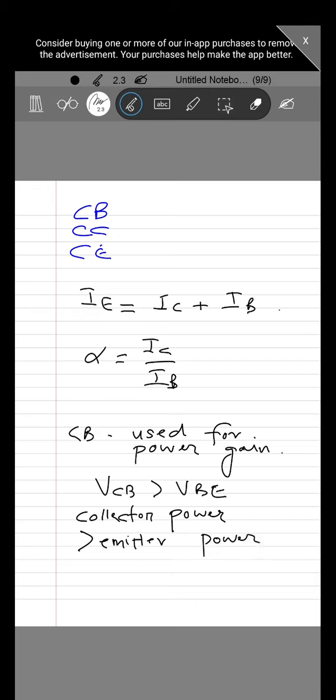And the common emitter, on the other hand, is the configuration used for amplification, where the base current is amplified by the collector.